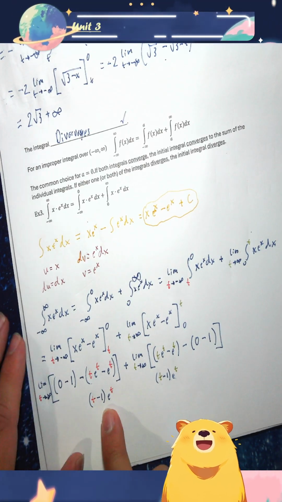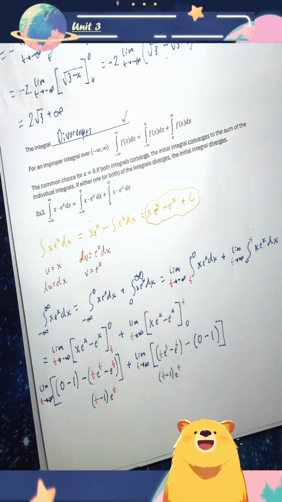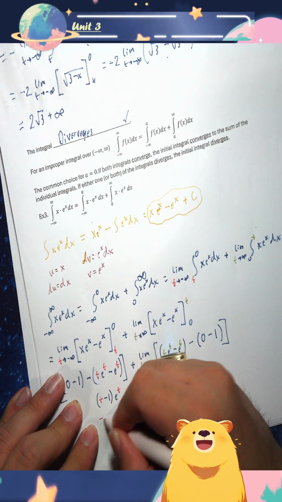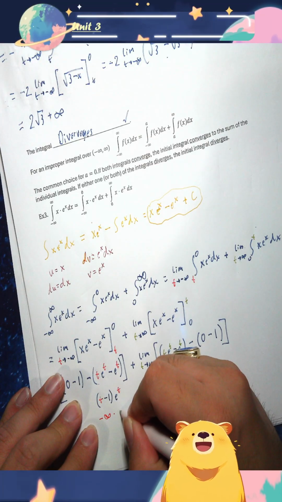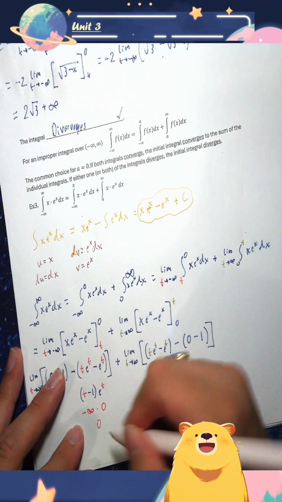And then because there's a t minus 1 still going towards negative infinity, we'll have, in layman's terms, negative infinity times 0, which will still come out to 0.